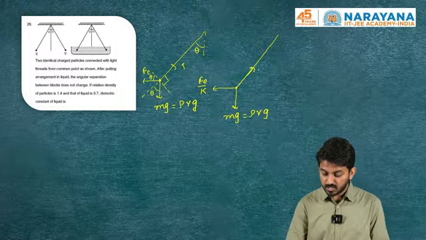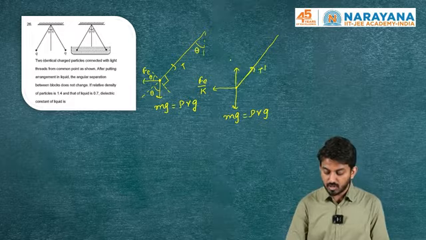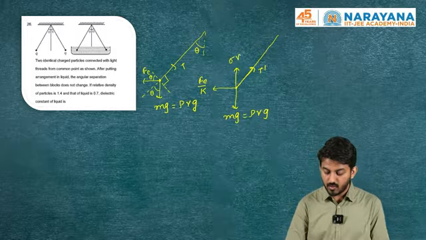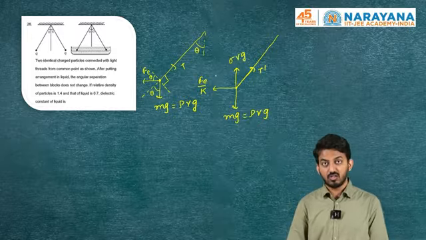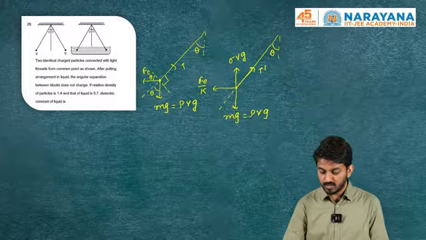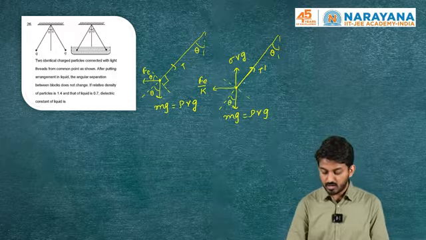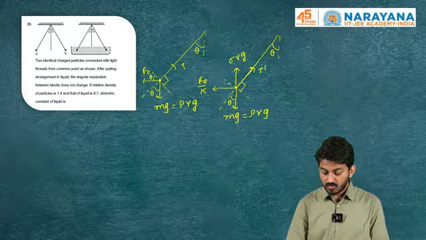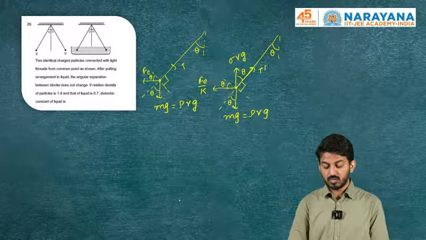We have some tension T prime, and in this case we'll also need to include the buoyant force, which will be sigma Vg, where sigma is the density of the liquid itself. Now if I extend these lines, this angle is given to be theta, and if I draw a perpendicular line here, these angles will also come out to be theta, and this also theta.